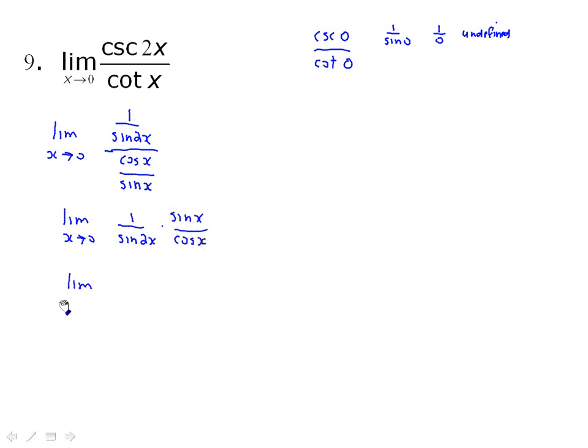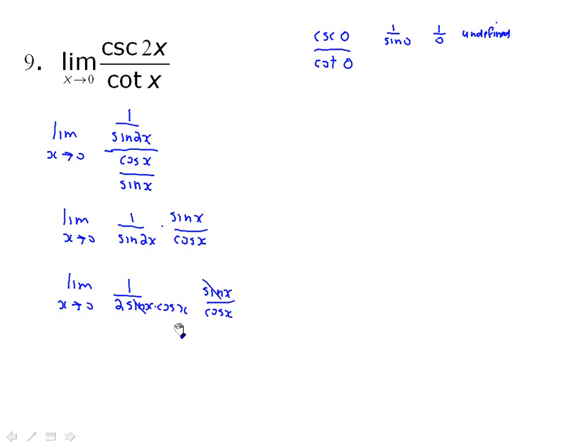We're going to have to do a double angle on this one. So this becomes 1 over 2 sine x cos x multiplied by sine x over cos x. And we get what we wanted. The sine x go away on us.